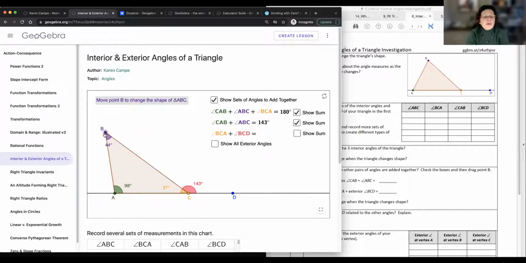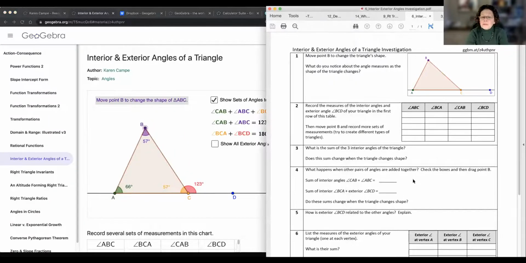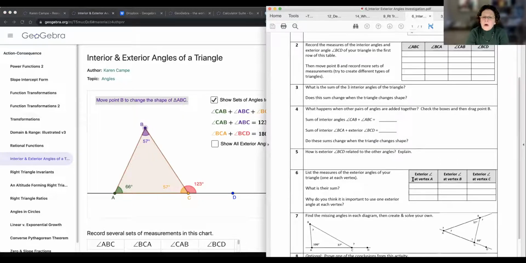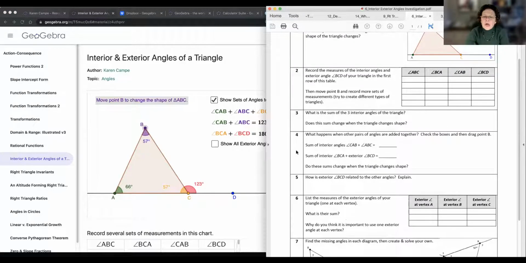The two remote interiors do add up to the exterior, and the adjacent interior and the exterior add up to 180. And so students on the handout have to make a generalization summary. How is the exterior angle BCD related to the other angles, and explain.